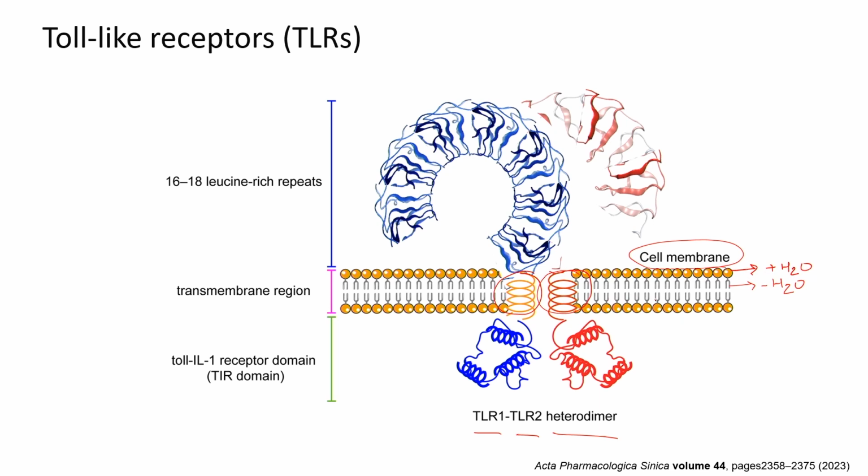Since this is a hydrophobic region, the protein is also mostly hydrophobic in nature. They tend to be buried inside. And then we have this cytoplasmic domain, which is responsible for doing the downstream signaling biology. This is called the Toll/IL-1 receptor domain, TIR domain. So TOL is toll-like receptor and IL is interleukins.